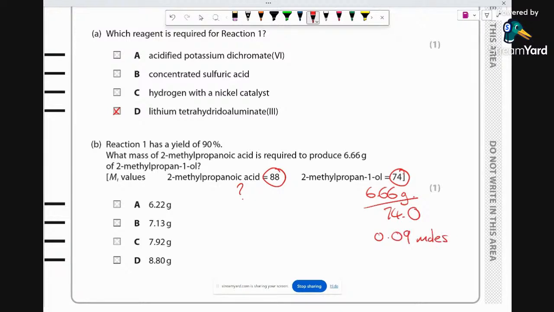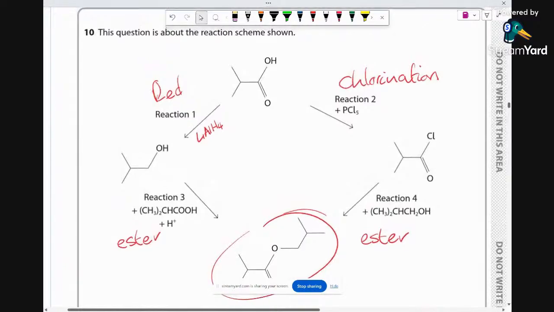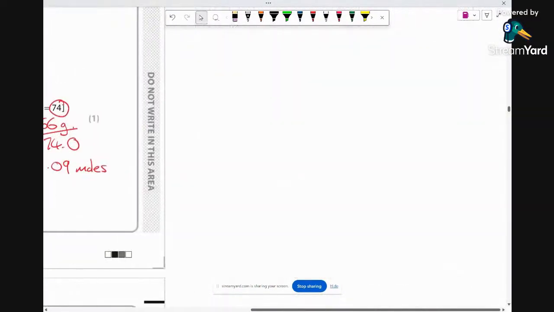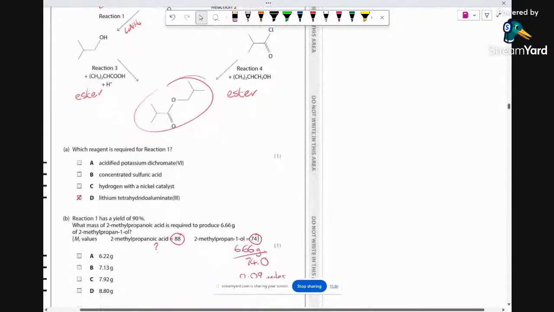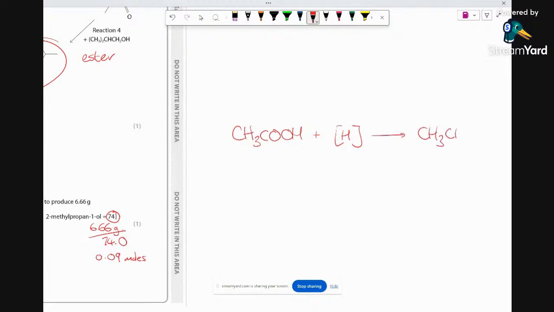Now we have to factor in the idea of the yield. We can see that this reaction is actually a 1-to-1 ratio. If you want to just see the equation, I don't want to draw the whole thing out because it'll be extensive, but just to show you guys, if I've got ethanoic acid, let's keep it really simple, and we turn that back using a reducing agent, which we always put in the equation as an H, to form ethanol.